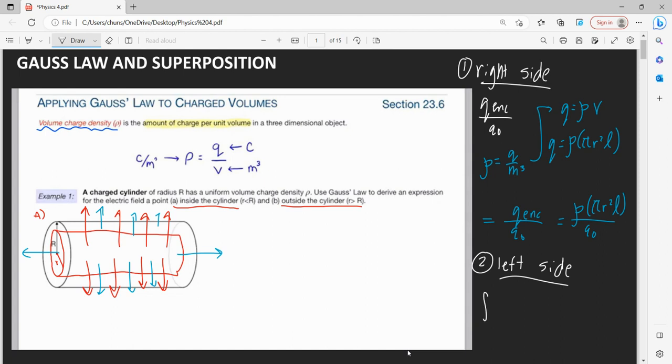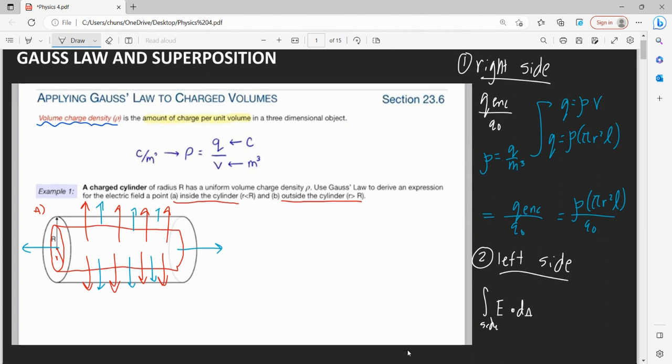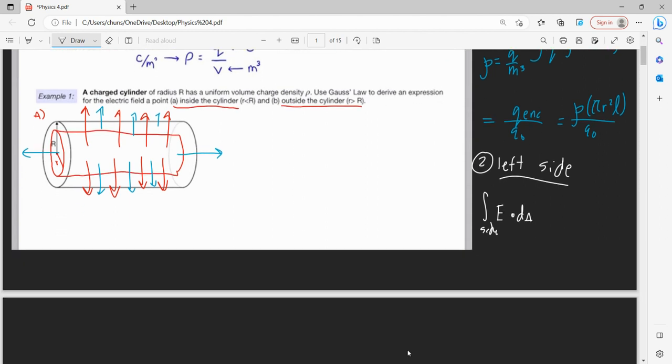So then this is our first side, and that is E dot dA. Since electric field is constant along that surface, then this is just going to equal E times our integral of dA, which is just equal to E times A, and that is equal to E times our surface area of our curved surface, which is 2 pi r L.